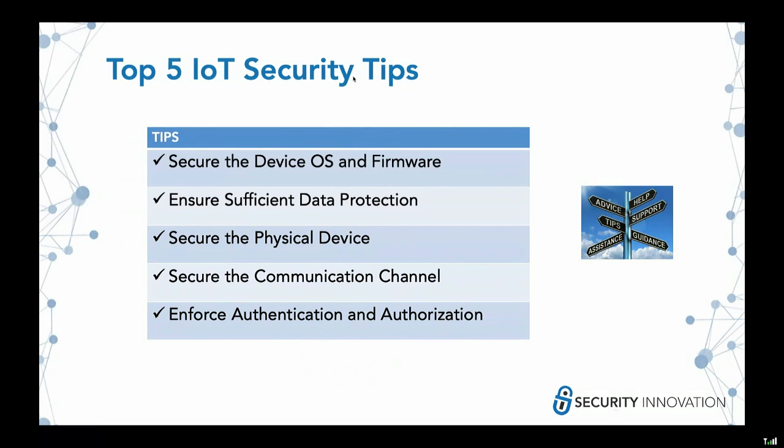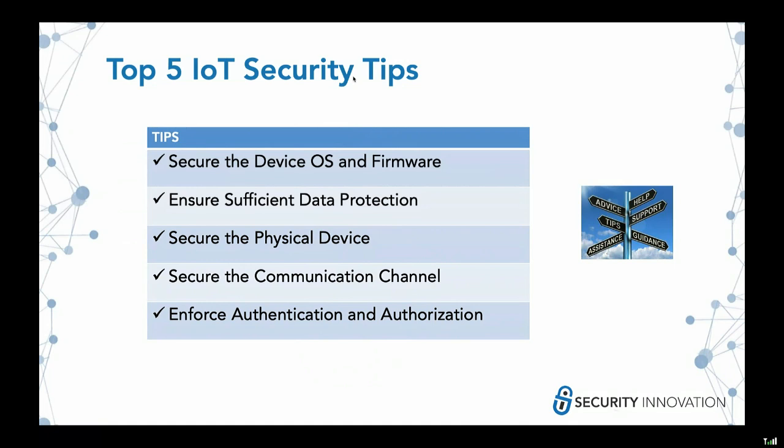First is secure the device, operating system, and firmware. And the most convenient way to do that is to make sure that it has the most updated software and it's properly patched. The second is ensure that the data that is stored, collected, and transmitted from the device is appropriately protected.